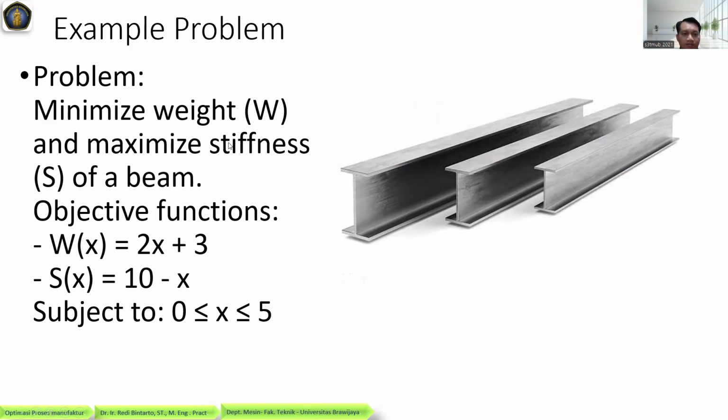Okay, for an example problem, when we want to minimize weight and maximize stiffness, we can calculate a beam as a function: weight W(x) equals x plus 3, stiffness S(x) equals 10 minus x, and this x is subject to 0 until 5, and then like this.